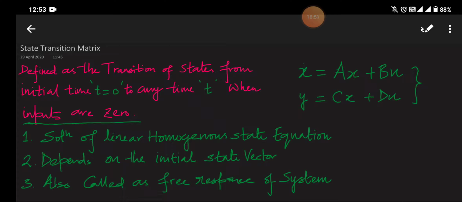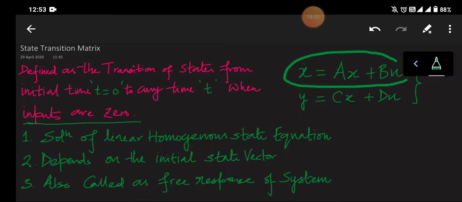So as you can see the state equation written over here, this is our state equation. Okay, so x dot is equal to Ax plus Bu. When u is equal to 0, then we will have x dot is equal to Ax. So the solution for this equation is given by state transition matrix.